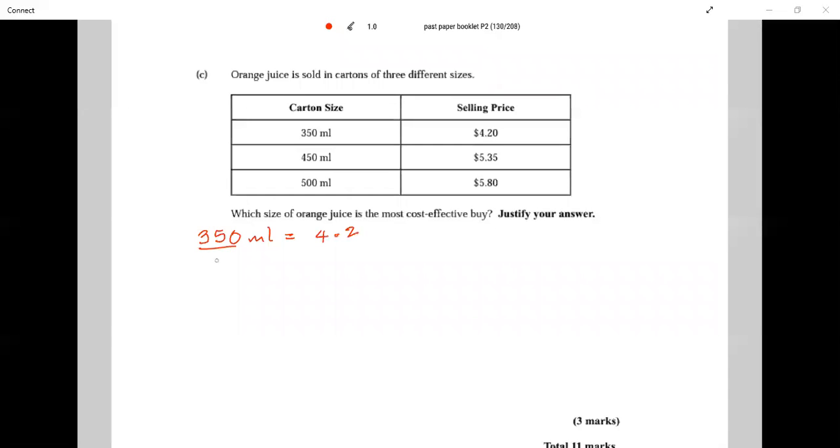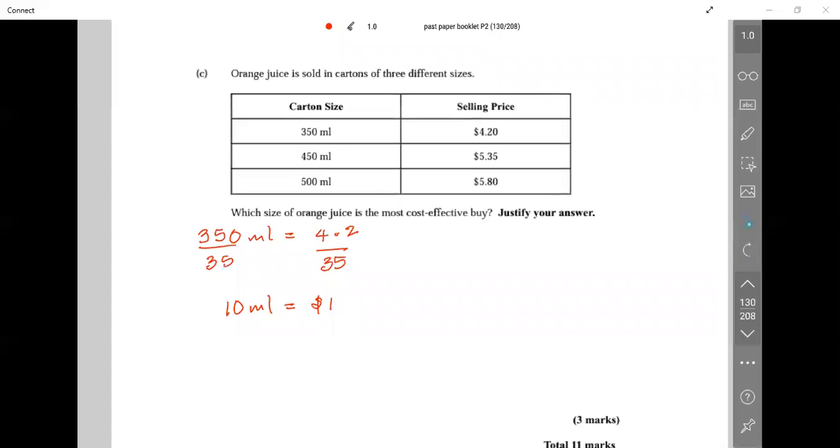If I divide both sides by 35, I'm going to get what 10 milliliters would cost. So 4.20 divided by 35 would be 12 cents. So the cost of 10 milliliters here would be 12 cents.